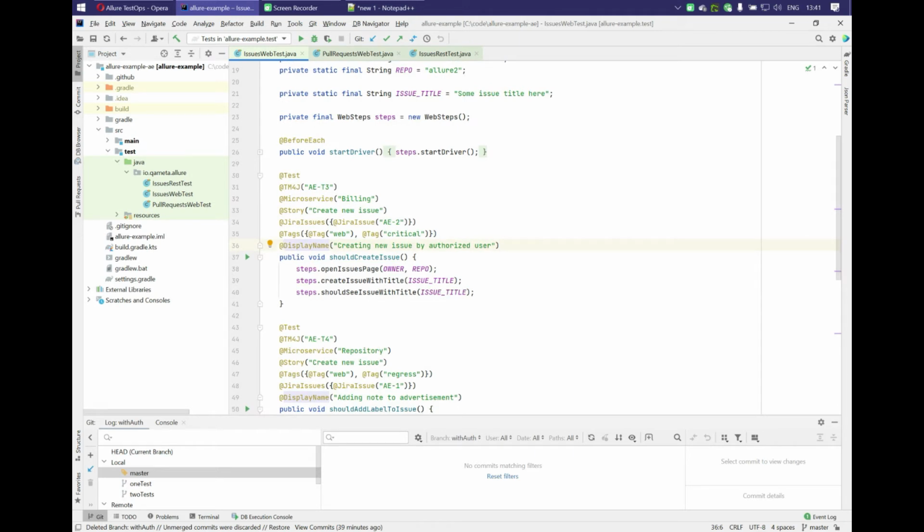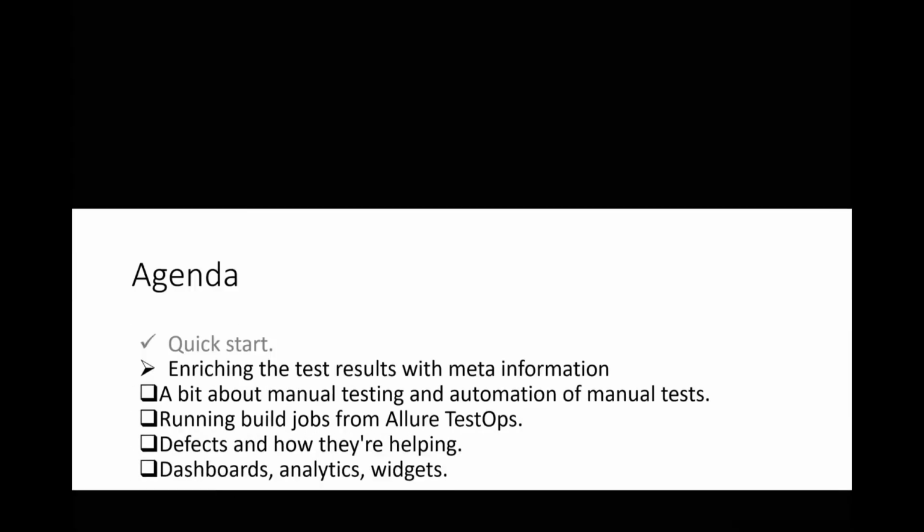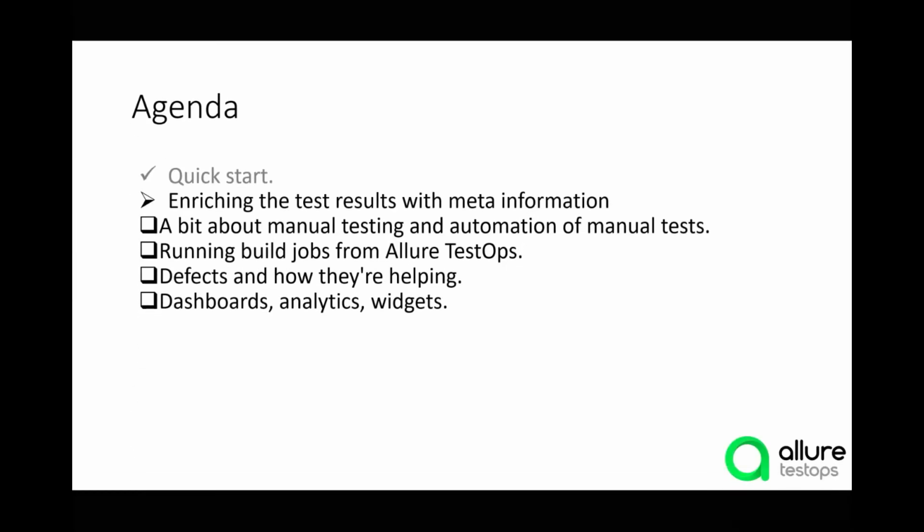But first of all, we need to teach Allure TestOps how to process it, how to understand that there is information for the test results and for test cases. This is what we will be talking about: enriching the test results with the test information.